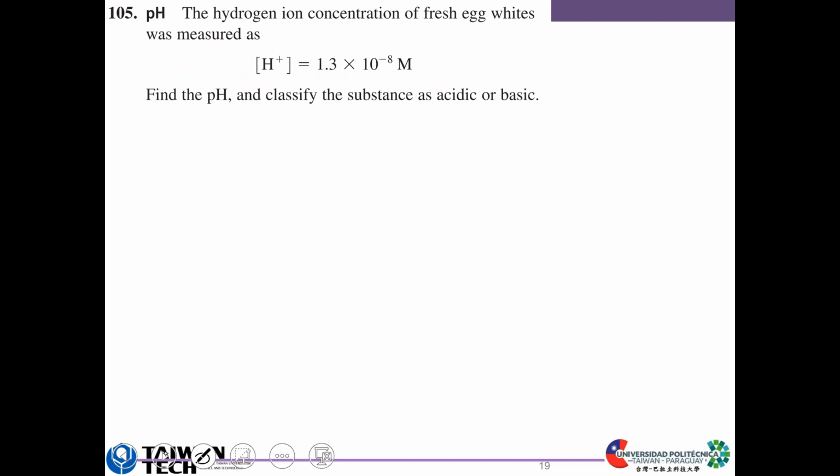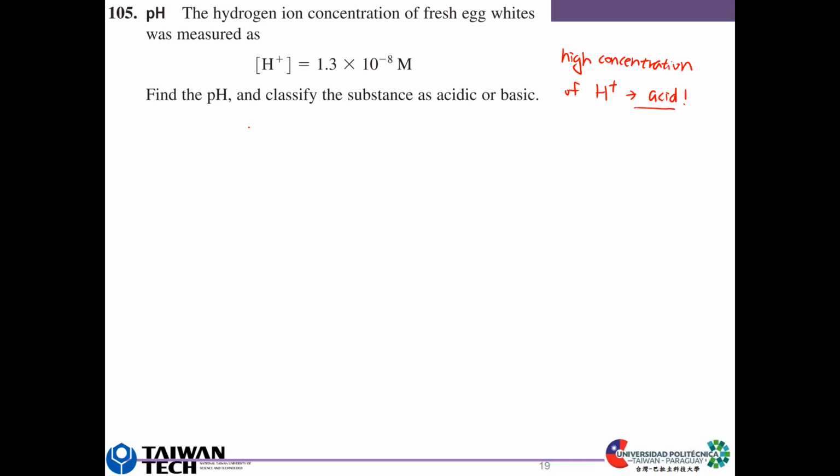So we know that a high concentration of this hydrogen ion will be acid.